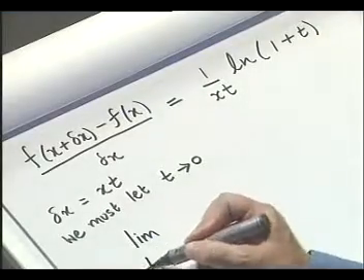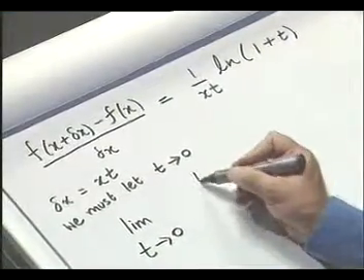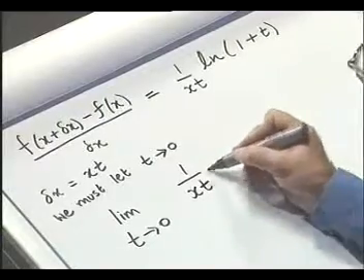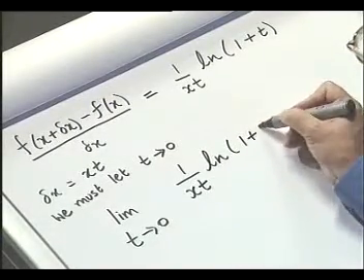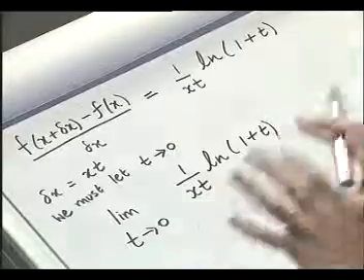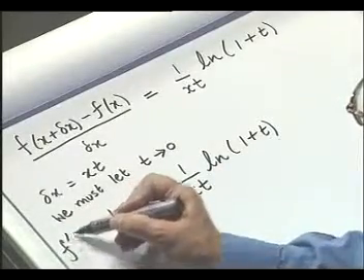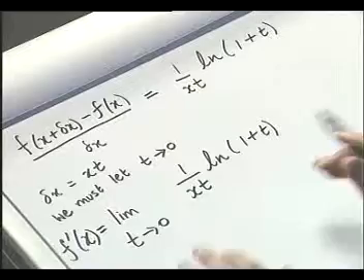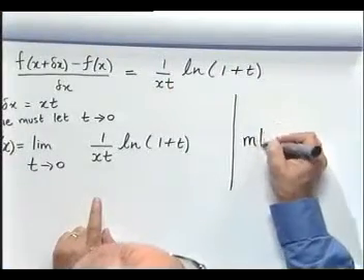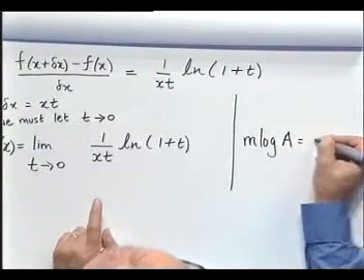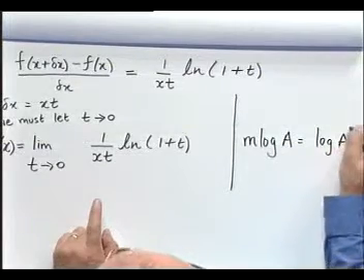So what we really want is the limit as t tends to 0 of 1 over xt natural logarithm of 1 plus t. And when we work this out, that's actually going to give us f dashed of x, the derivative that we're looking for. Now we're nearly finished. I just want to tidy this up a little bit more, take the limit, and then we'll be all done. You remember one of the laws of logarithms that I just wrote down was that m log a was log a to the power m.